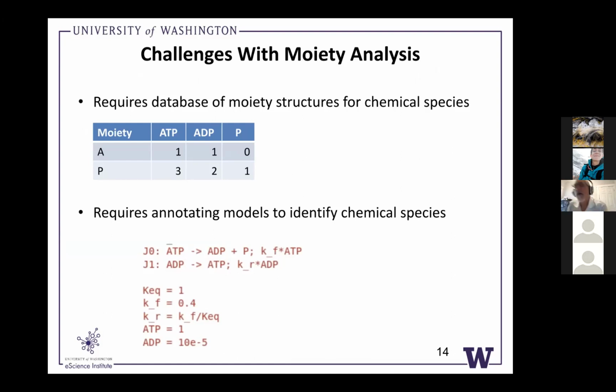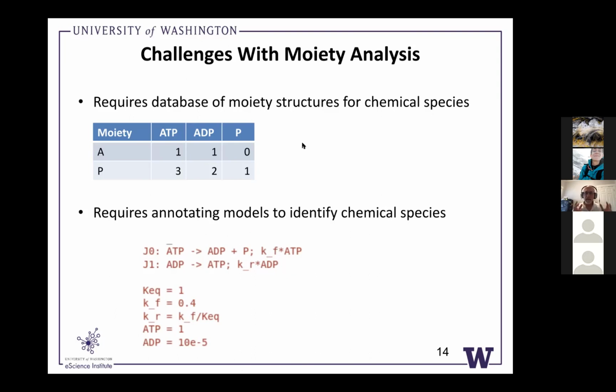Okay, well, there are many chemical resources that will give you the atomic structure of small molecules. Big molecules are more of a challenge, in part because they can be in so many different chemical states. But for small molecules you can get that, whereas you don't necessarily get a moiety structure for it. So that would have to be supplied in some way in order to make this useful, although, like I said before, there are ways you can get around this.